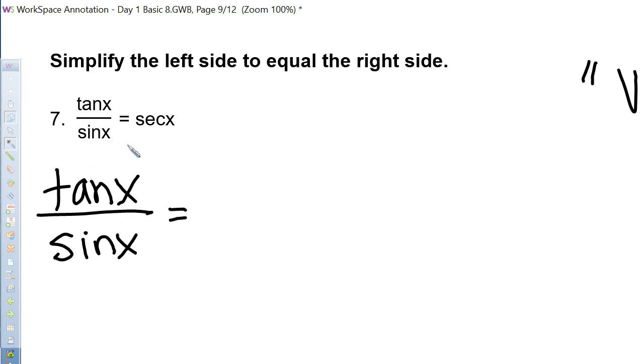So starting with the left side, I need to do work with the left side so that I can prove that this equals what's on the right side, which is secant of x. So I need to do some scratch work over here so that I can find that it does equal secant of x. Now, when we were doing these originally, problems 136?